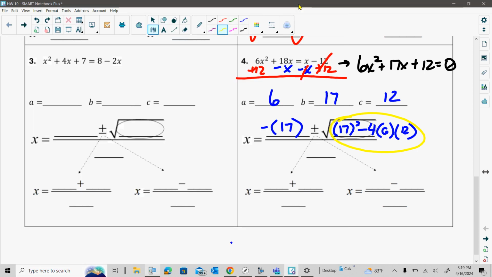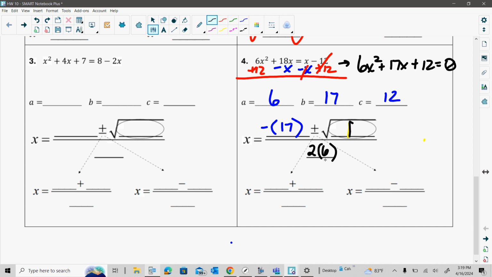So if you wanted to just do the math and then put in your value, all over 2a, well 2a would be 2 times 6.